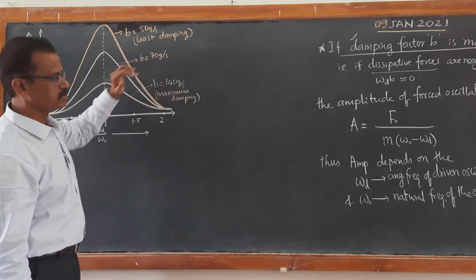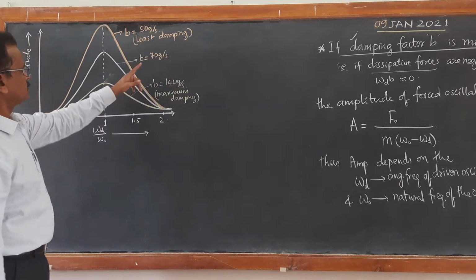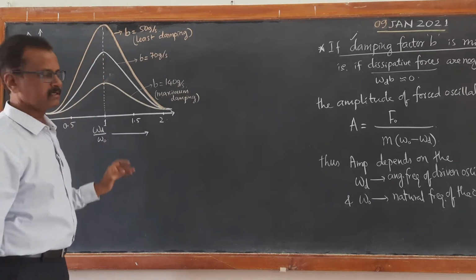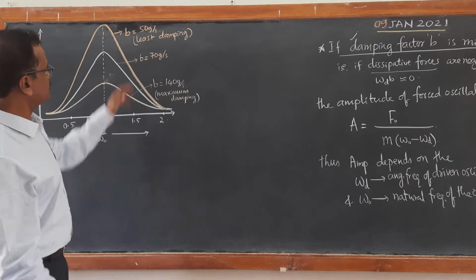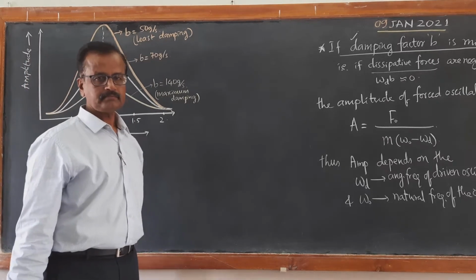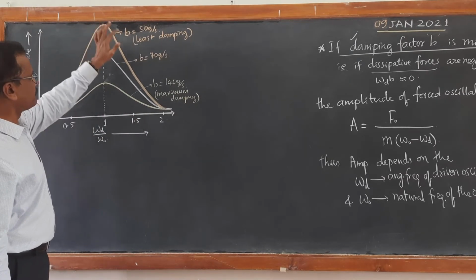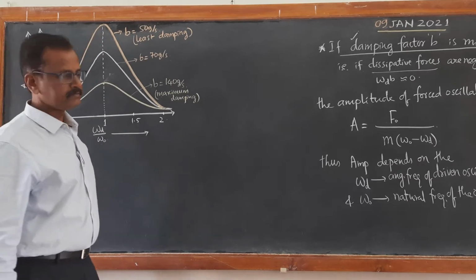If damping is reduced to about a medium value, say about 70 gram per second, then the amplitude will have a better peak. The amplitude shoots up. If it is having the least damping, you can see the amplitude is shooting up to the maximum value. So this is very, very important.